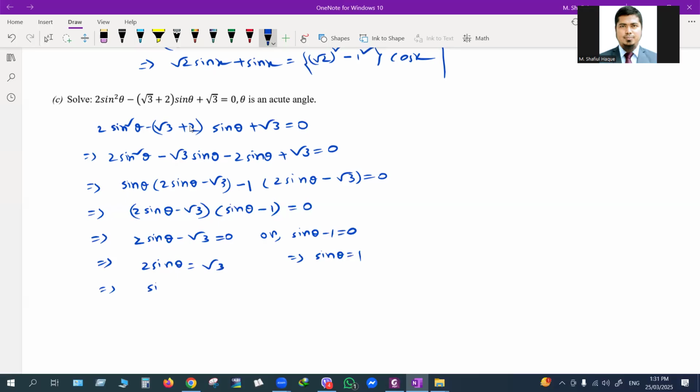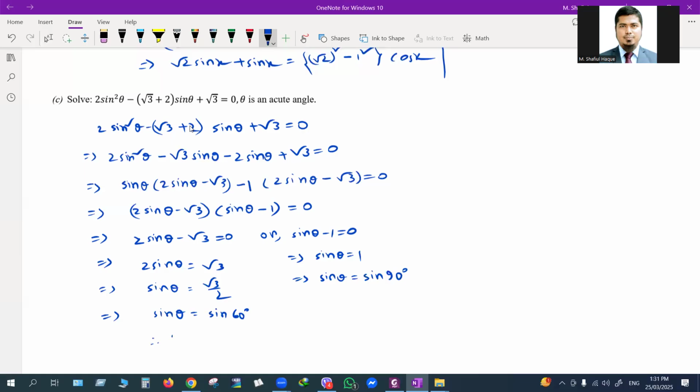And now sin theta is equal to root 3 by 2. We know that sin 90 degree, the value of sin 90 degree is 1. And sin theta is equal to root 3 by 2, that means sin 60 degree.